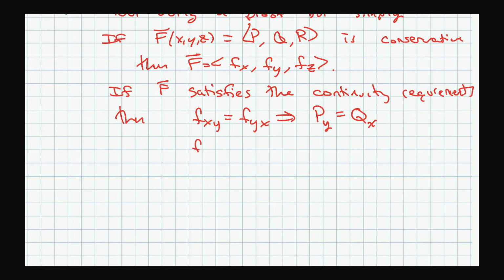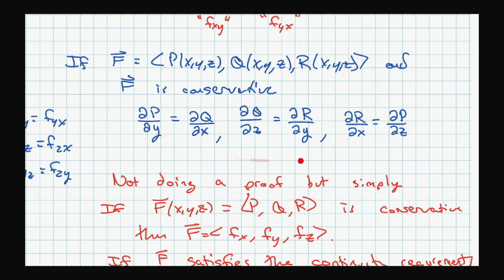And fxz would have to equal fzx, so fxz would be pz, that would have to equal rx. And then f of yz would have to equal f of zy, which would be qz has to equal ry. These are just the same conditions, written in the other notation.